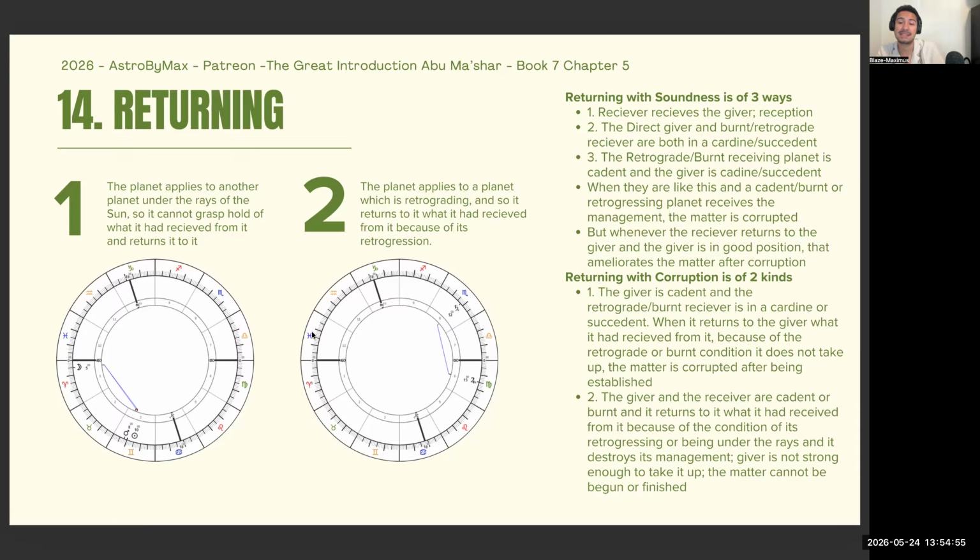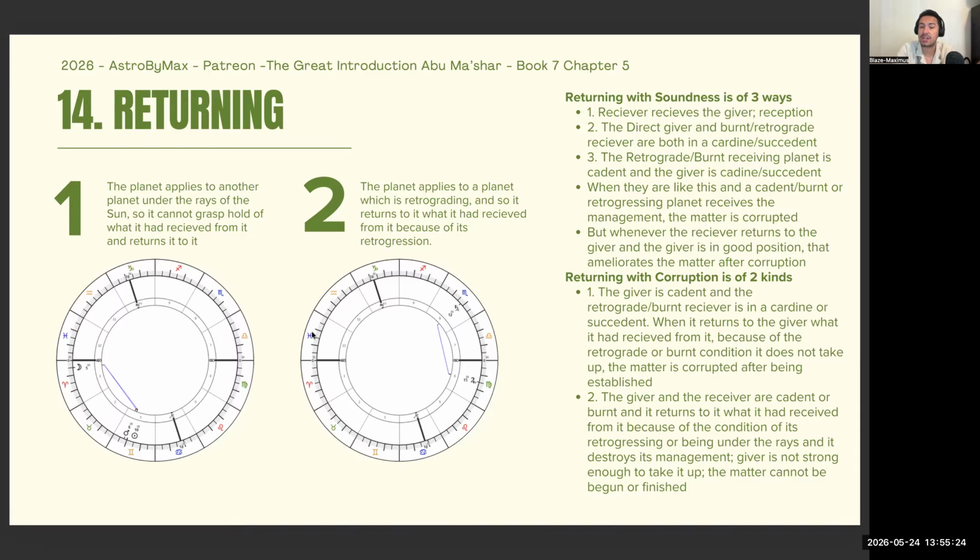And if the giver is cadent, so the giver planet who is giving management is a weak cadent planet, and the retrograde or burnt receiving planet is in a cardine or succeedent house, when it returns to the giver what it had received from it, because of the retrograde or burnt condition, which is angular, it does not take up the matter, and the matter is corrupted after being established.